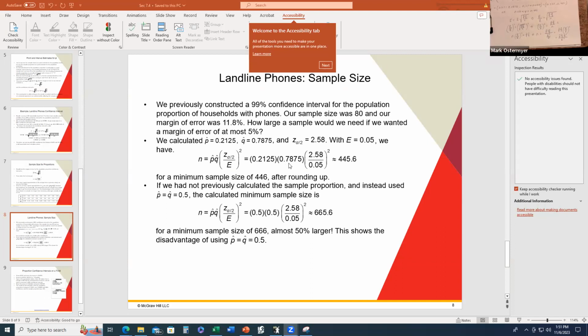And when you go through the arithmetic and crank this out, you can see that we would have to choose a sample of at least size 446 to ensure that we are 99% confident that the difference between our sample proportion and population proportion is no more than 5%.